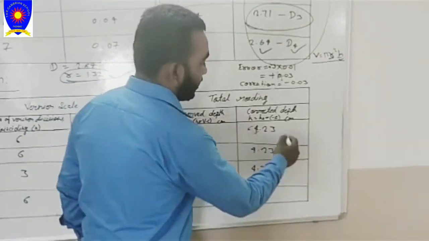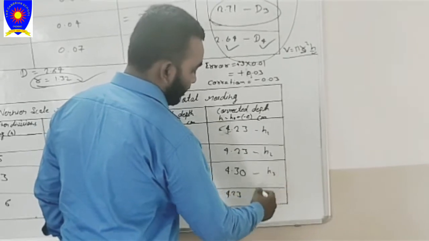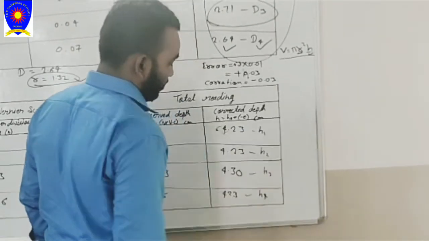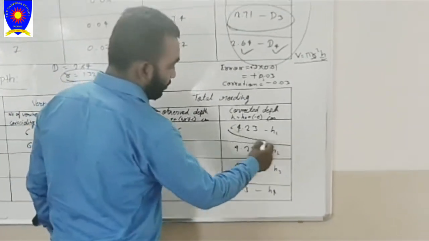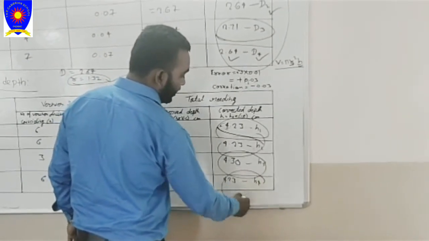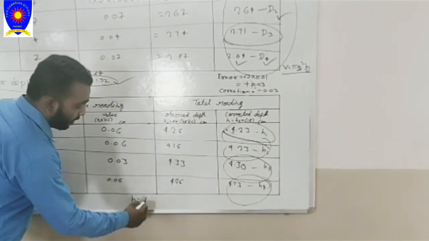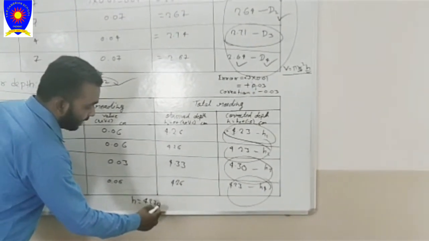So this is H1, H2, H3 and H4. So we are looking at H1, H2 and H3 are the same. So the height of the given body will be 4.23 centimeter.